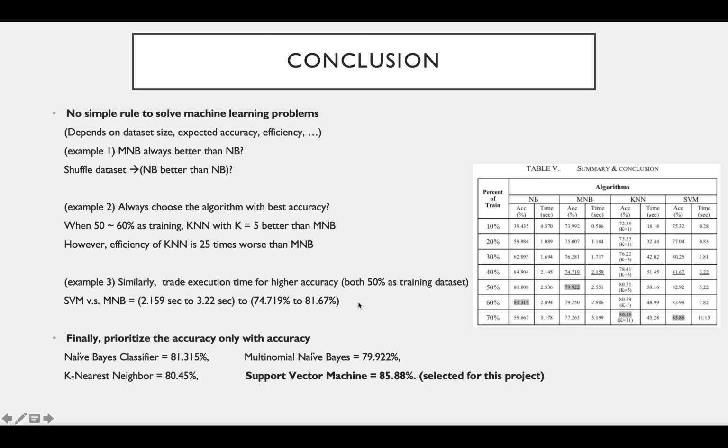For both 50% as training datasets in support vector machine and the multinomial naive Bayes, the support vector machine takes a little longer than the multinomial naive Bayes, but the accuracy jumps around 3% higher than using the multinomial naive Bayes classifier.